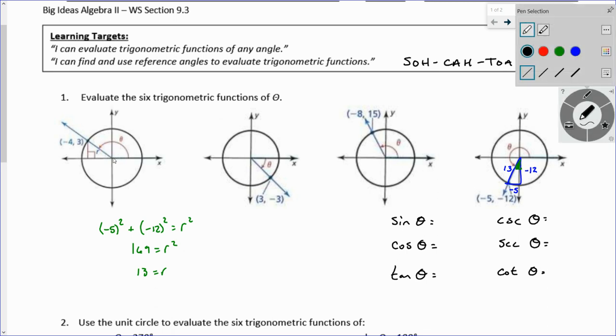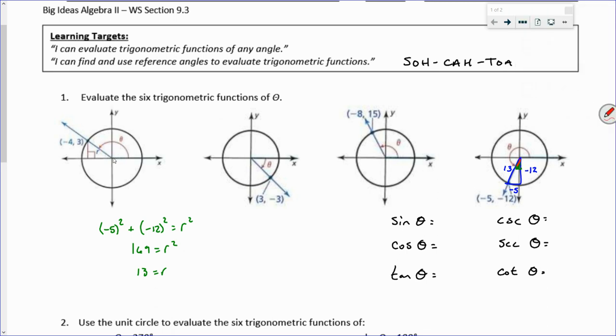And now we're going to use our reference angle, which again I'm going to highlight. Opposite is negative 5 over hypotenuse 13. Adjacent to that reference angle is negative 12 over hypotenuse of 13. Opposite is negative 5 over adjacent is negative 12.